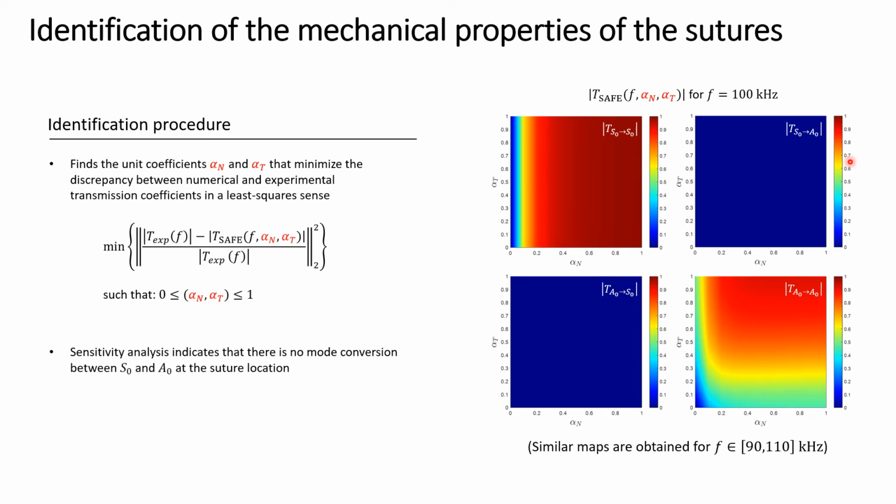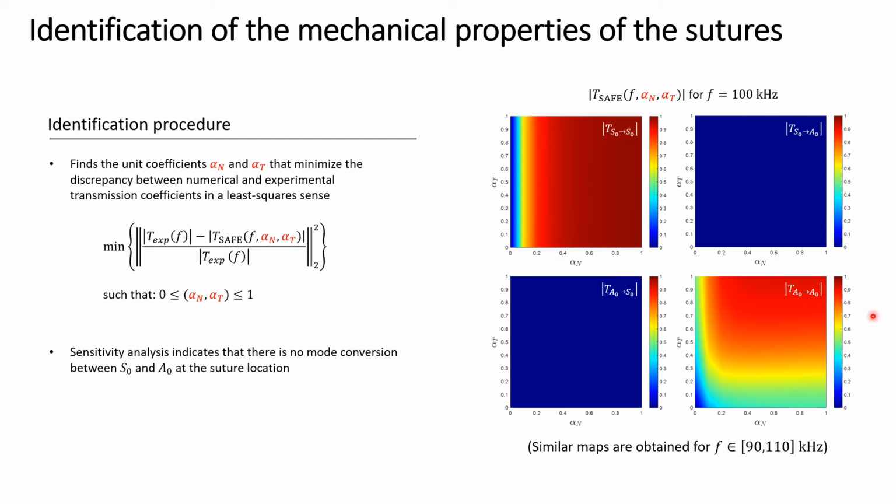When we solve the minimization problem, we can leverage these maps here, which show the variation of the transmission coefficient with respect to alpha n and alpha t, and for different combinations of incident and transmitted A0 and S0 modes. For example, from the map in the upper left, we can see that the transmission of the S0 mode does not depend on the choice of alpha t, and that when the S0 mode crosses the suture, there is no mode conversion into A0, as we can see from this map.